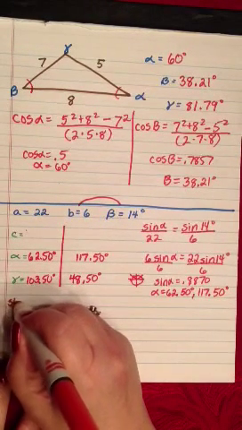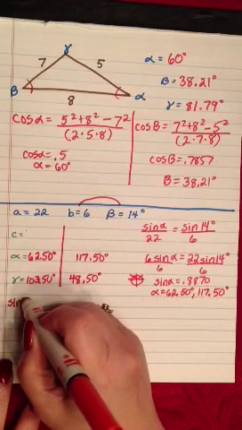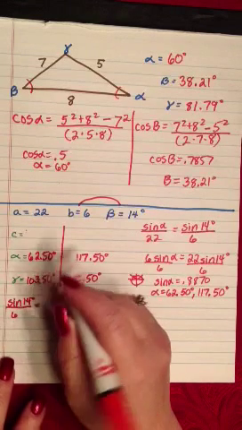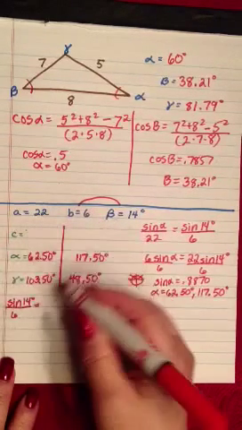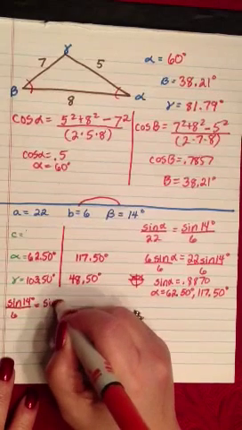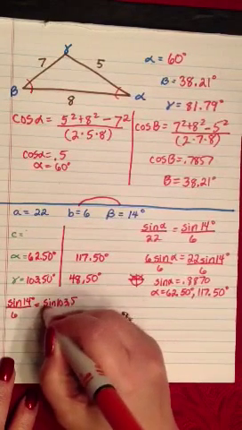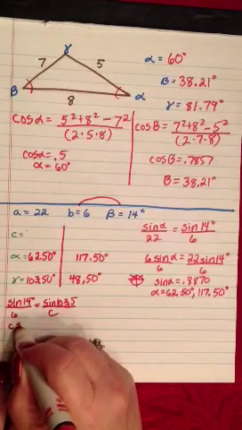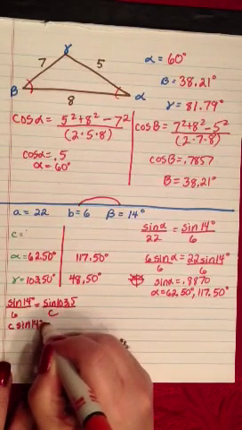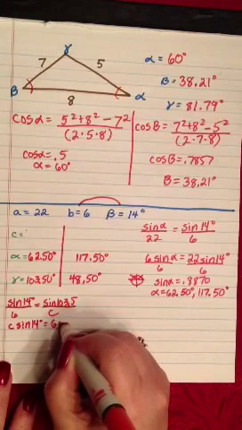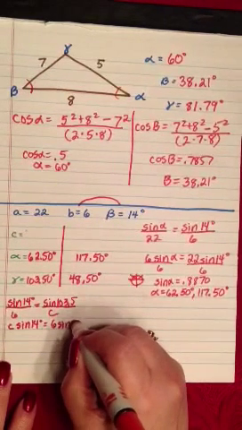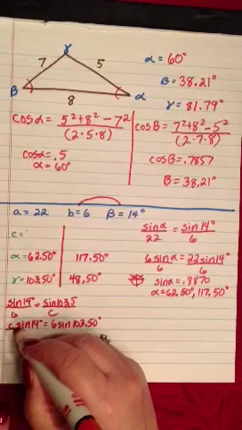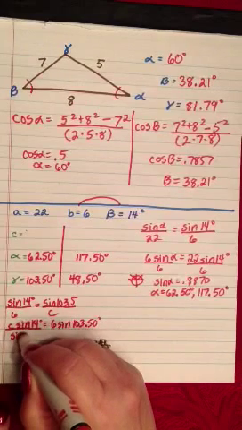So I'm going to say the sine of 14 over 6 is equal to, since gamma is opposite C, I'll use that. So I say the sine of 103.5 over C, and I cross multiply, so you get C times sine of 14 is equal to 6 times the sine of 103.5, and we'll just divide both sides by sine of 14 degrees.